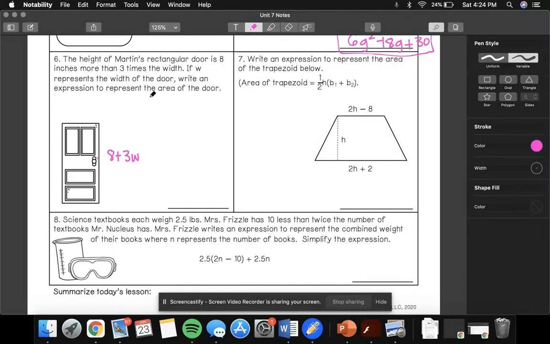And then the width represents W. Then it wants us to write an expression to represent the area as well. Area of a rectangle is just length times width. So I'm going to do width times the length we wrote. Okay, now I'm going to simplify that by distributing and get 8w plus 3w squared.